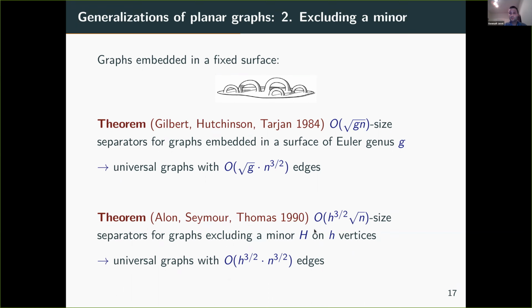And more generally, if you forbid any graph H as a minor, you have square root n separators again. So you get, again, the same type of upper bound on the number of edges for graphs forbidding a fixed minor. So that's a second way of generalizing planarity, through excluding a minor.